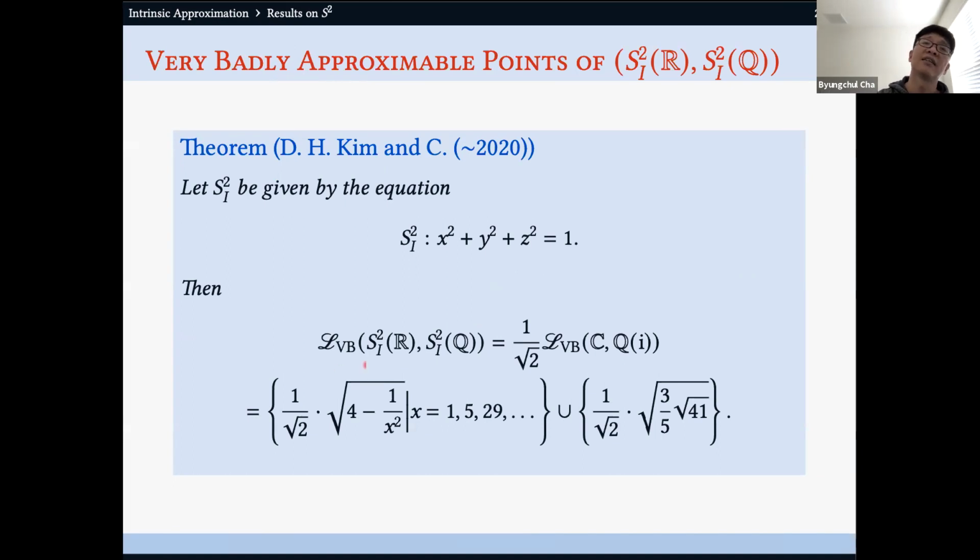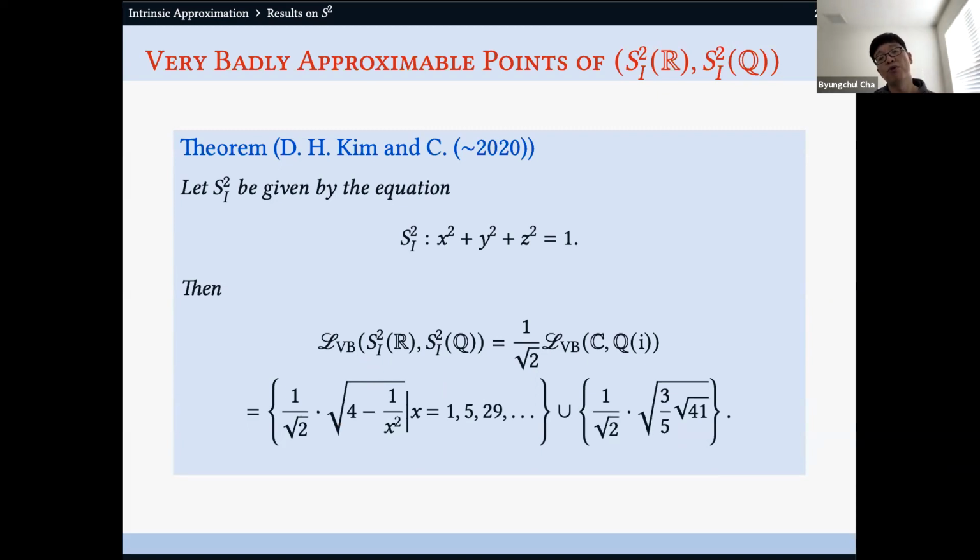What we found is that the spectrum is precisely the same as the complex spectrum found by Schmidt. You just need to throw in 1 over root 2. So this is the complete spectrum of S2, the usual 2-sphere.